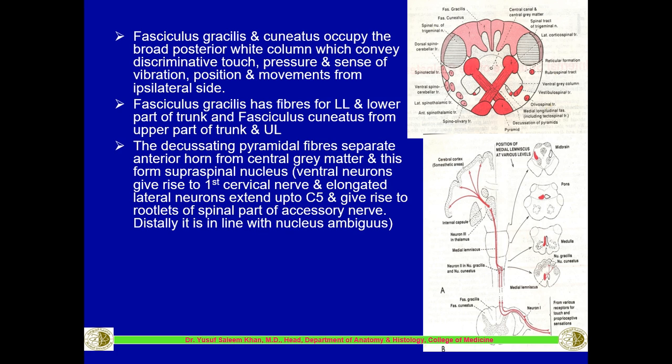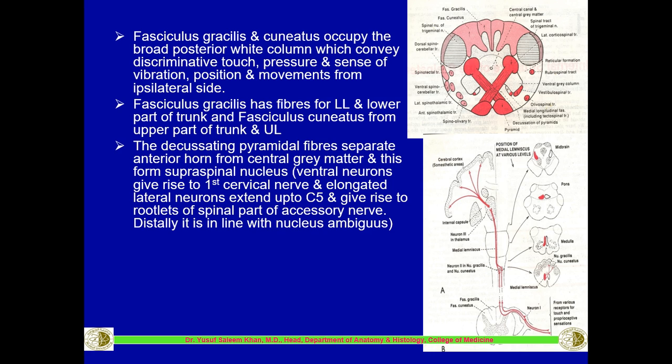The decussating pyramidal fibers separate the anterior horn from the central canal. You have already seen this is the central canal as well as the central gray matter, and they are separated from the ventral gray column by the decussation of the fibers.